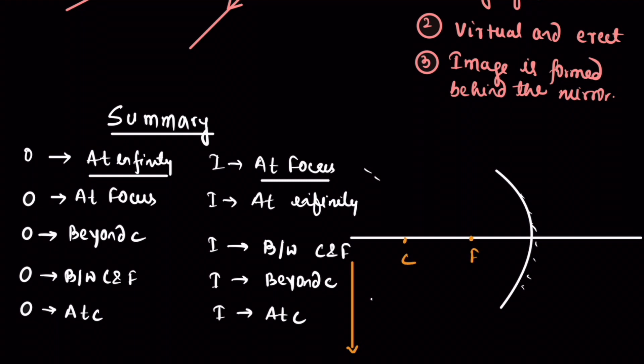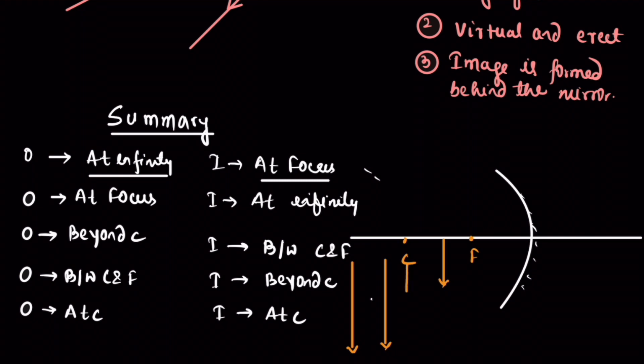But when the object moves towards the center of curvature, the image size increases and the image moves away from the pole while the object moves towards the pole.